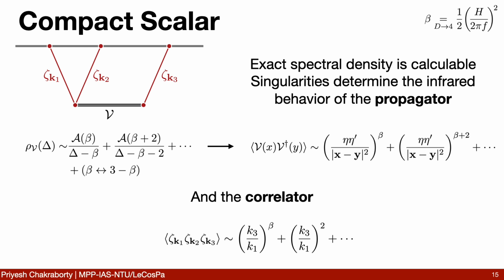It's some long expression which I won't bore you with, but the essential feature is that the spectral density has certain poles, and the locations of these poles exactly encode the long distance behavior of your 2-point function, and in turn it also encodes the exact propagator, the exact correlator as well. So one can determine the correlator, and schematically it's a competition between two terms.